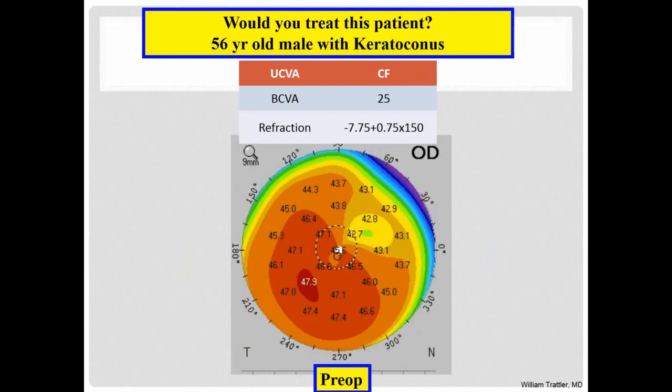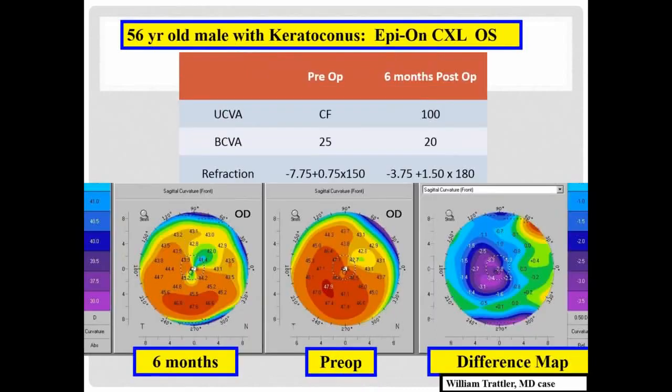Here's a 56-year-old male, again, a little older patient. You can see preoperatively, best corrected visual acuity is 20/25. The patient did not have a cataract, and we talked about the benefits of improving the quality of vision, because the patient did report ghosting around images.